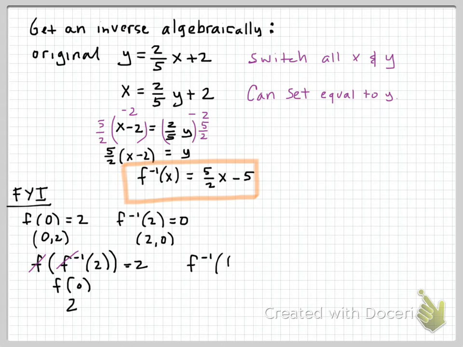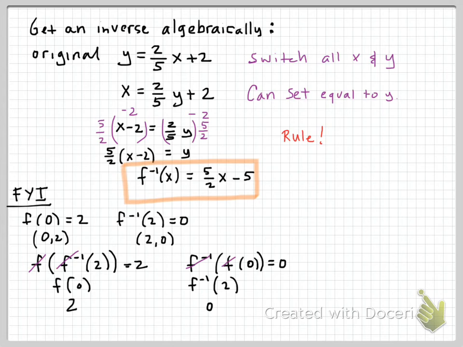And that's also true if you do it the other way as well. If you took f inverse of f of 0, if you look inside first, f of 0 is going to give you 2, and then f inverse of 2 is going to give you 0, and again, those guys cancel each other out. And so that's a big idea for us.